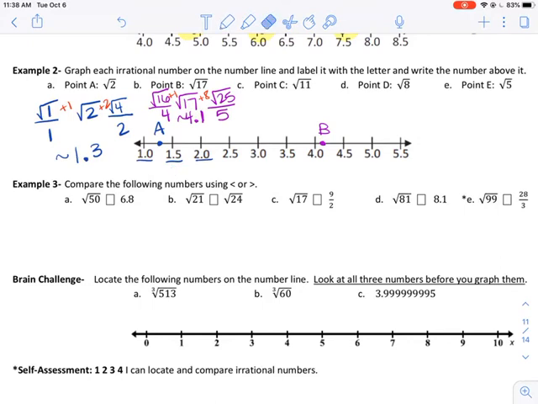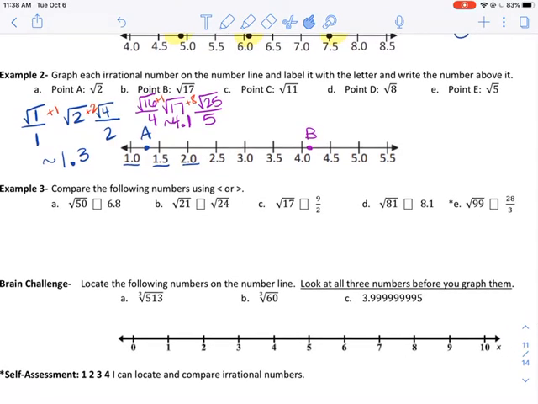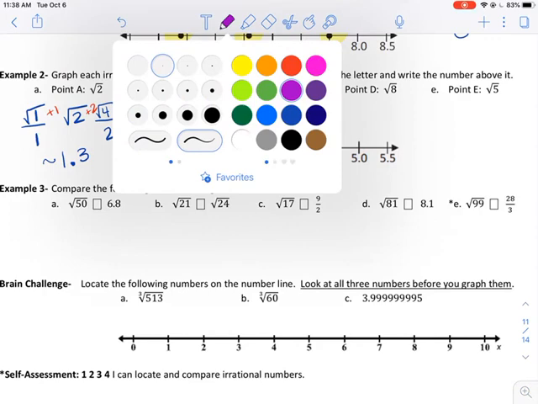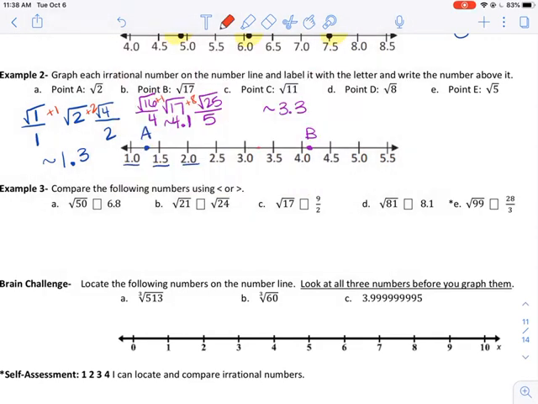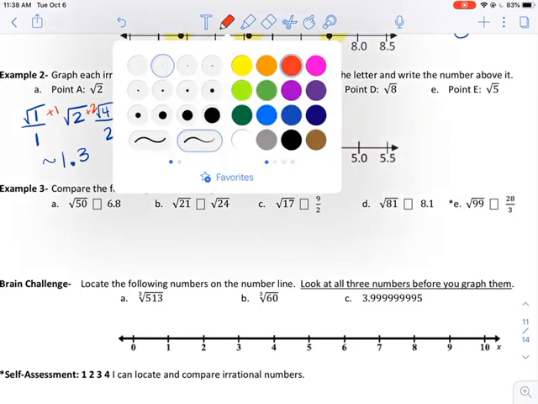Okay. For the other points, go ahead and try those out and approximate them. I'm going to show you my answers. Okay, for the square root of 11, I got about 3.3. So I'm going to graph point C. Oh, I should change colors, huh? Point C right there. That's my C. Okay, let's change again.